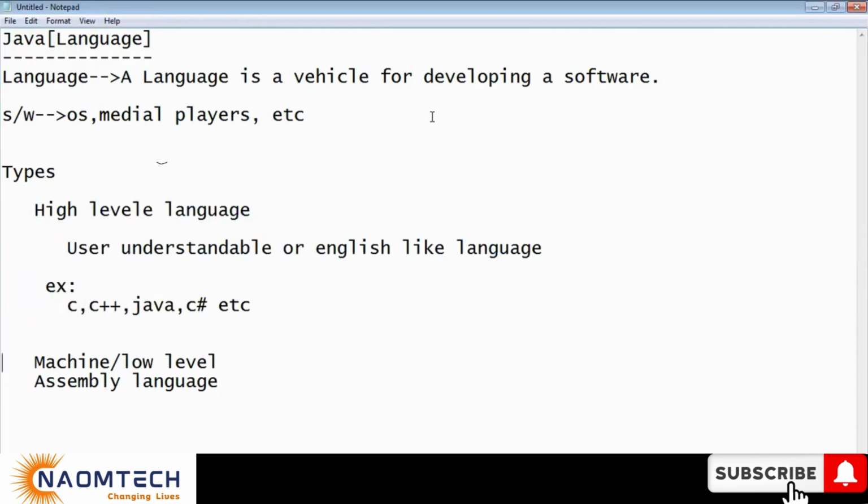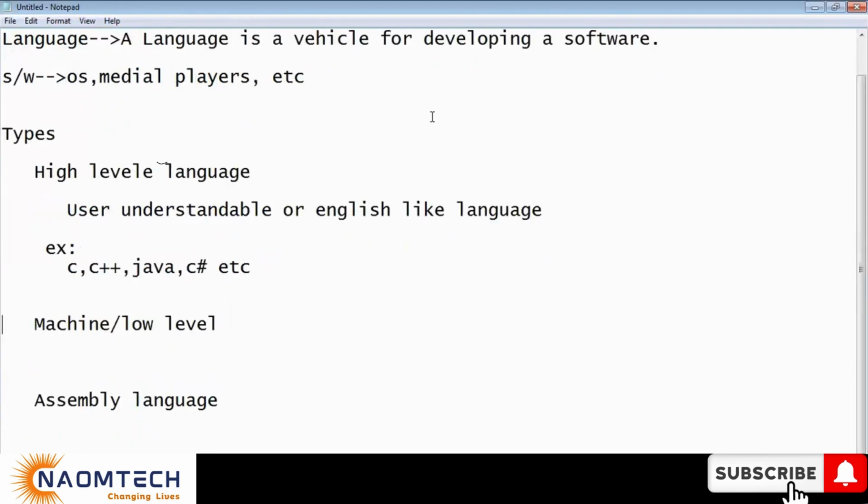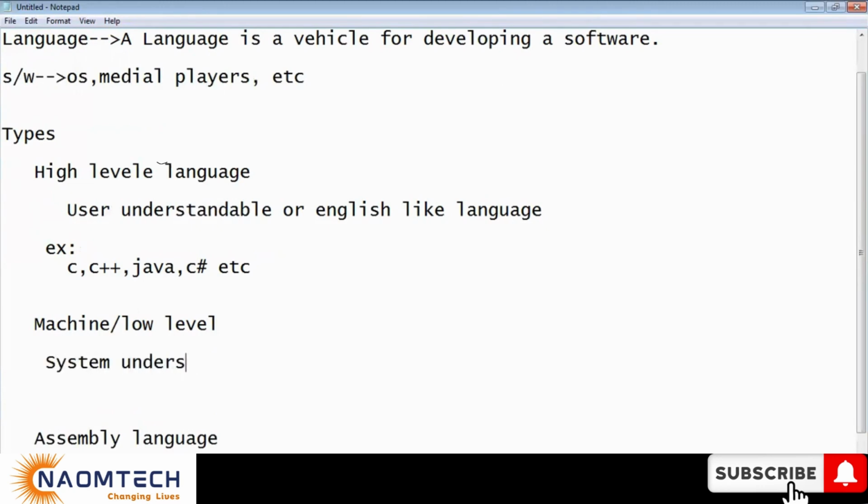Next one, machine language. What is a machine language? A machine language is a system understandable language. It is a system understandable or machine understandable language.